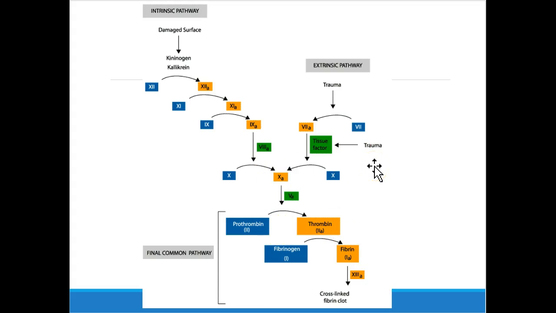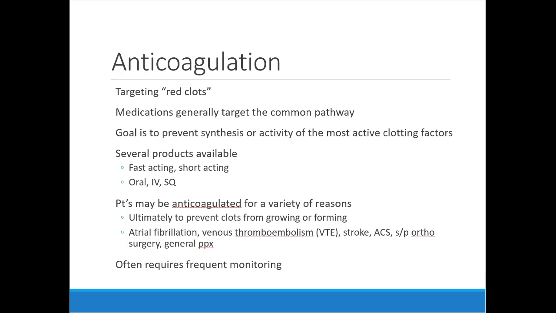So really, when we're looking at drugs, they have to have 10A or 2A, and sometimes they have both of those as far as activity goes. So again, targeting common pathways is important for anticoagulation.